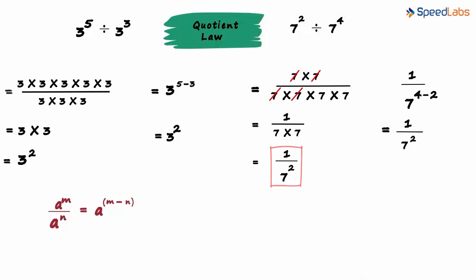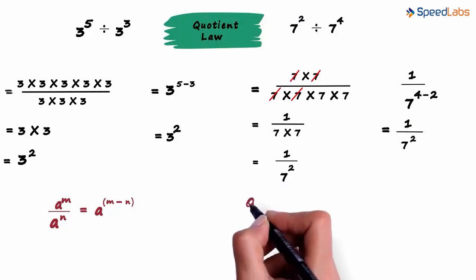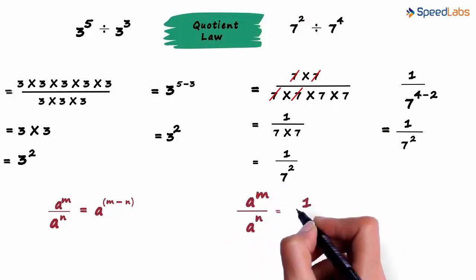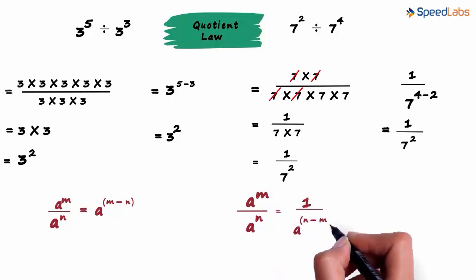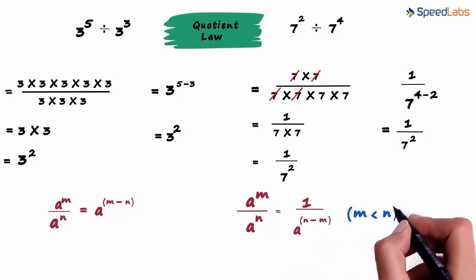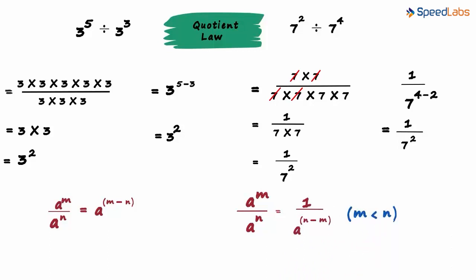So the quotient law says a raised to m divided by a raised to n gives us 1 divided by a raised to n minus m, with a condition that says m less than n. In the earlier case, we wrote m minus n. This time we wrote n minus m, but under a 1.